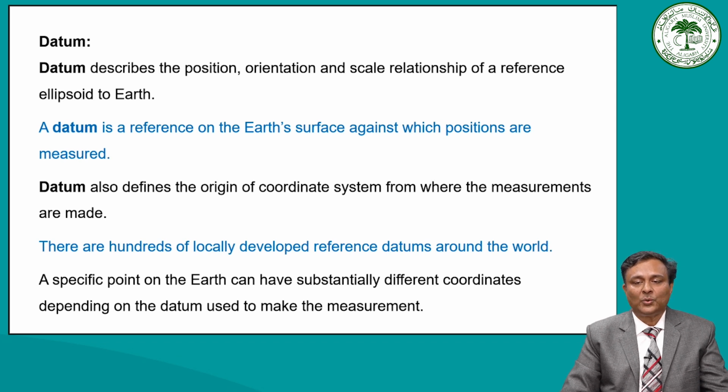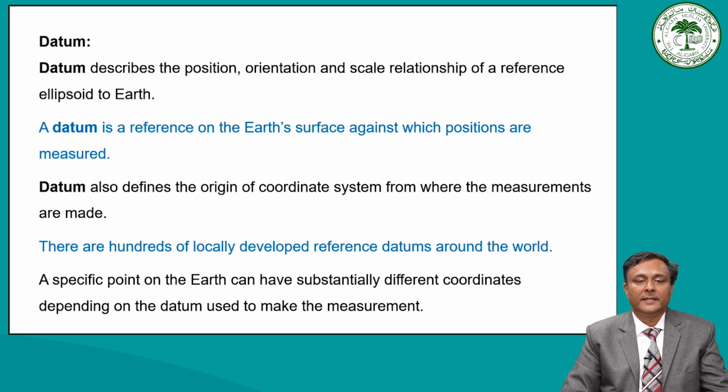So how we choose to align the ellipsoid to the geoid defines a datum. So datum describes the position or orientation or even scale relationship of a reference ellipsoid to Earth.